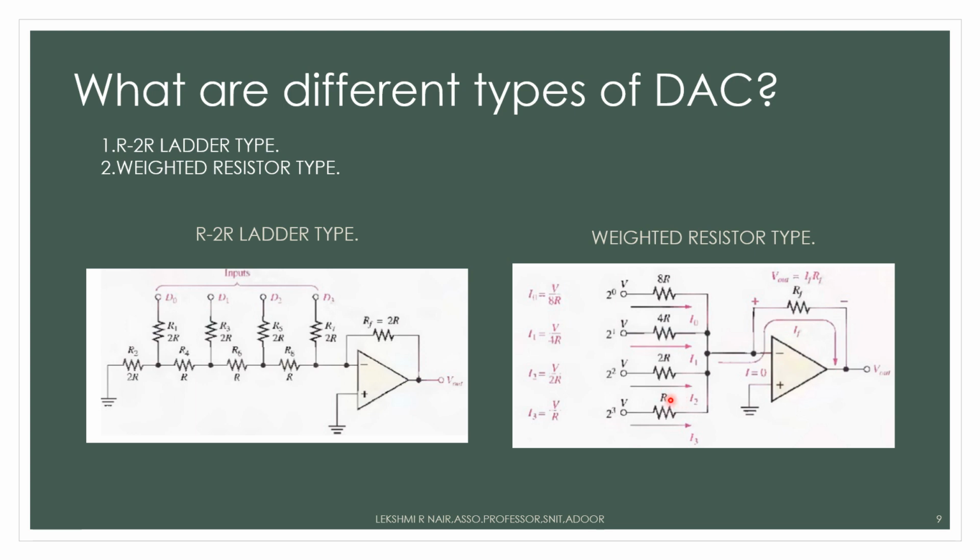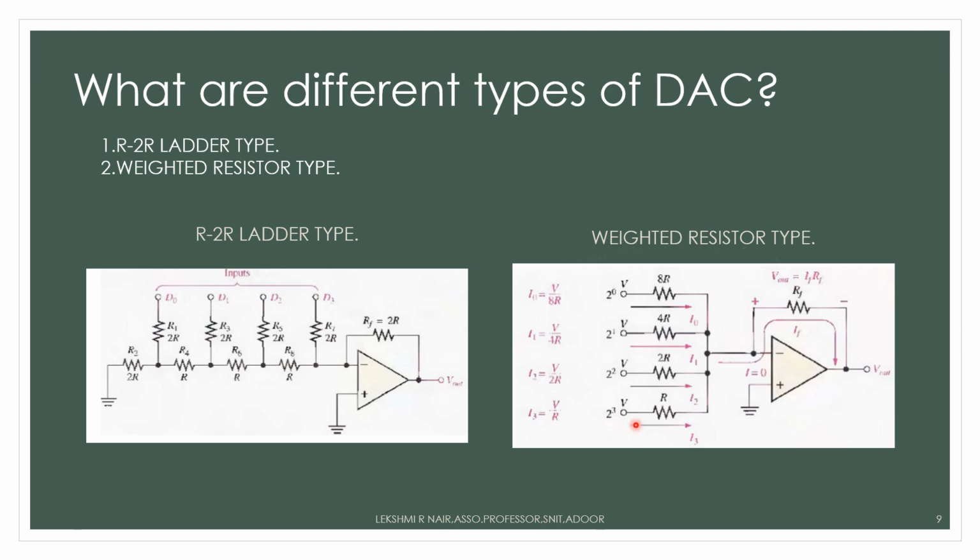The weights of the resistors are powers of 2: 2 power 0, 2 power 1, 2 power 2, 2 power 3, etc. Hence it is known as weighted resistor type digital to analog converter.